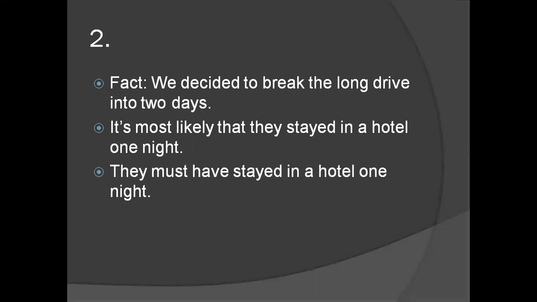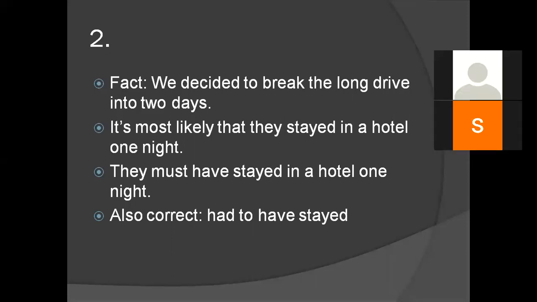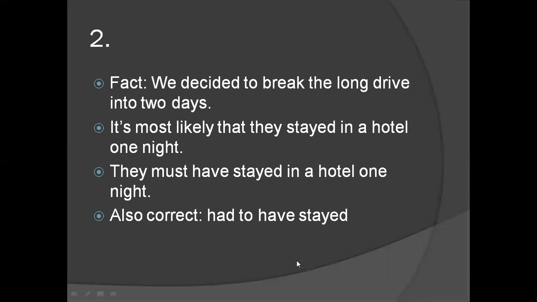Then: they must have stayed in a hotel one night. Must have. Similarly, you can say they had to have stayed in a hotel, or they might have stayed in a hotel. All these examples are correct.